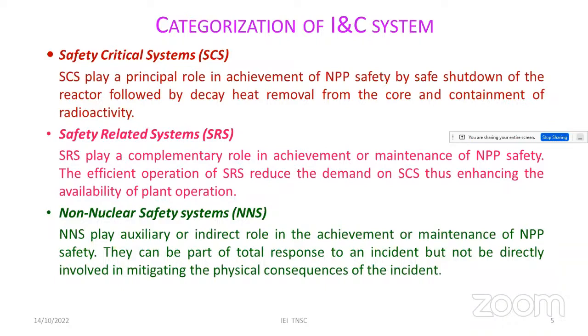The efficient operation of the safety related system reduces the demand on safety critical system, thus enhancing the availability of the plant. NNS plays an auxiliary or indirect role in the achievement or maintenance of nuclear power plant safety. They can be part of total response to an incident, but not be directly involved in mitigating the physical consequences of the incident.